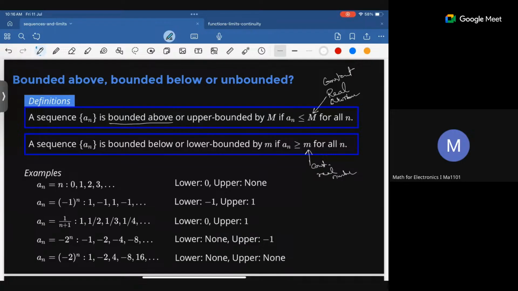Okay, so there is a real number below my sequence such that none of my terms go below. So that is why it is called bounded below if there exists any small m. And this capital M and small m are called the upper bound and the lower bound. Okay, so this capital M is called the upper bound, and the small m is called the lower bound.